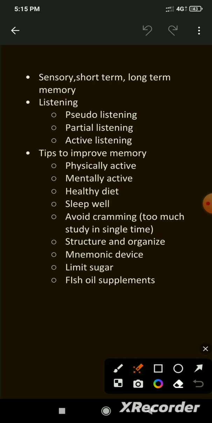And limit our sugar intake and also take a fish oil supplement. It's really good for the brain and memory too. The fish oil supplements, that is an important tip for improving memory. And other concepts I didn't mention here, but one more tip I got: we must involve ourselves in some brain gym activities.